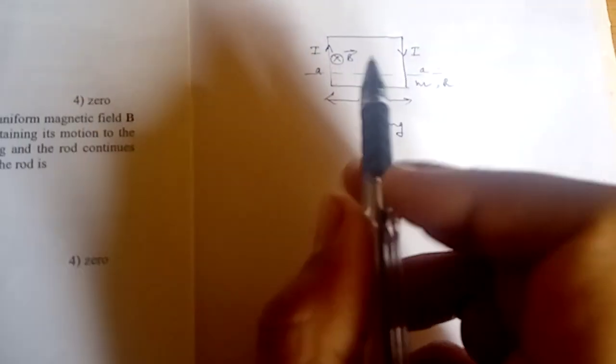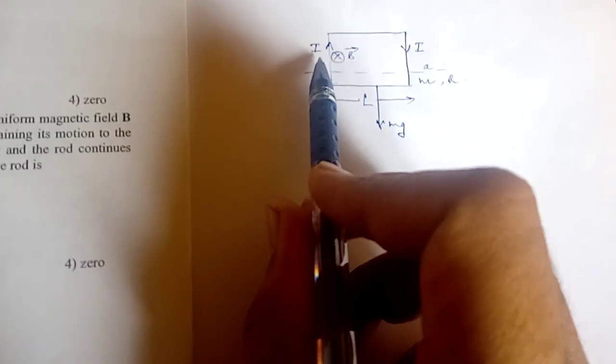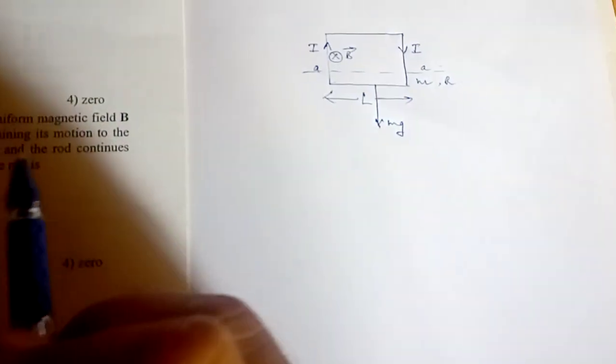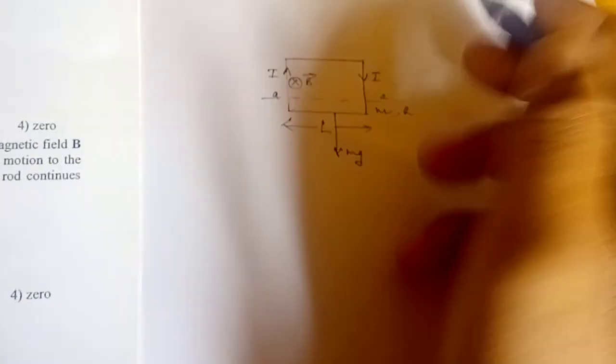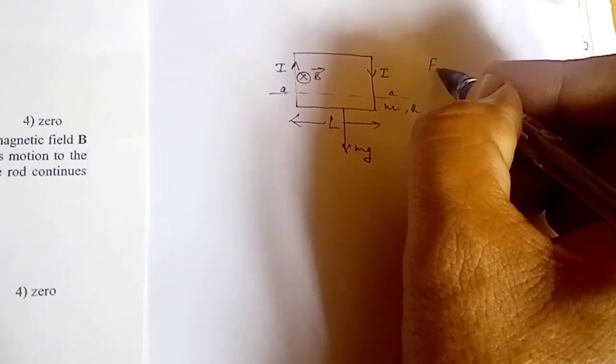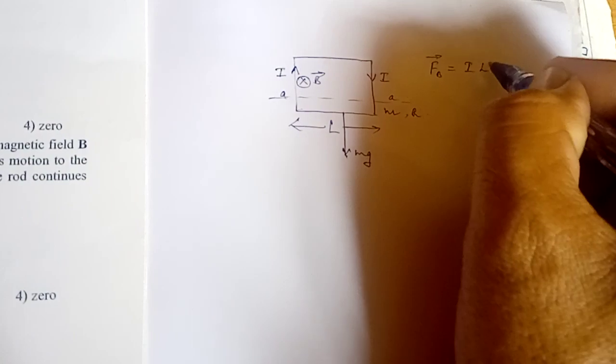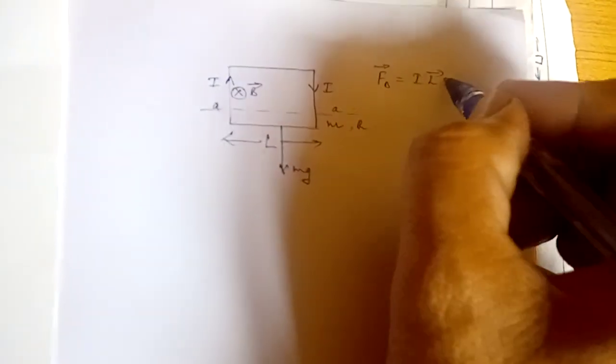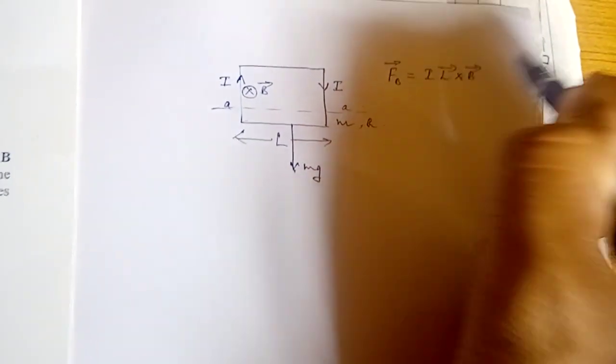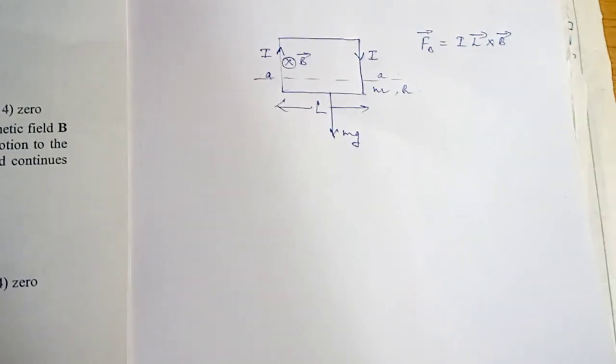Now there is a magnetic field and there is current in a conductor, so you know that a magnetic force F_B vector, which is equal to I L vector cross B vector, acts on the four arms of the loop.